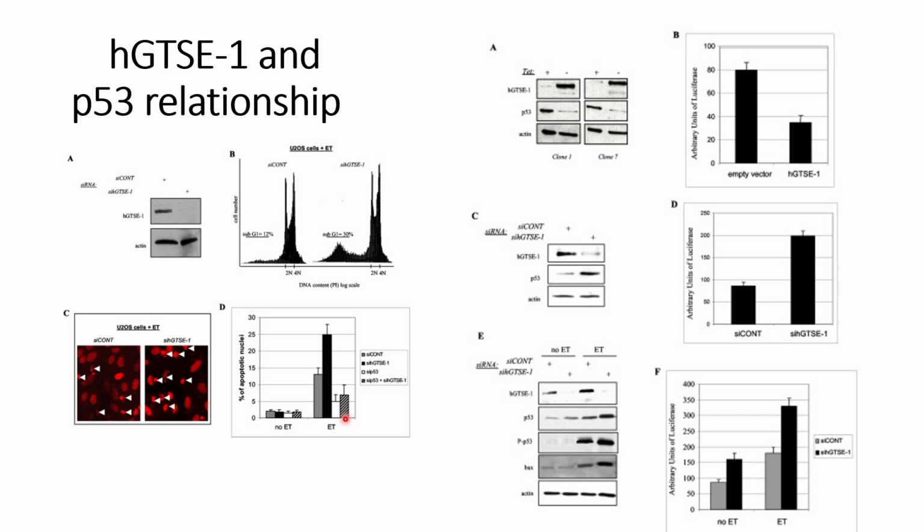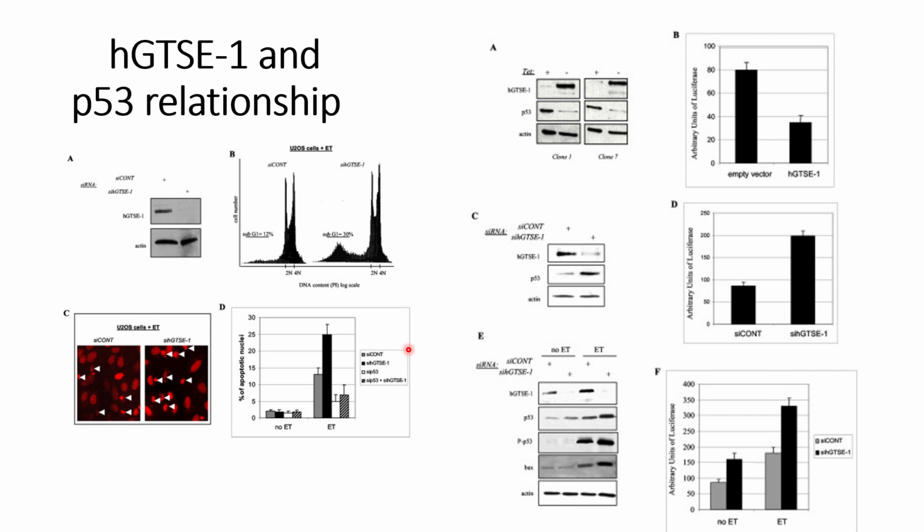So from this they made a hypothesis that it is the presence of p53 that results in the apoptosis of the cells, and hGTSE somehow reduces or controls the production of p53.